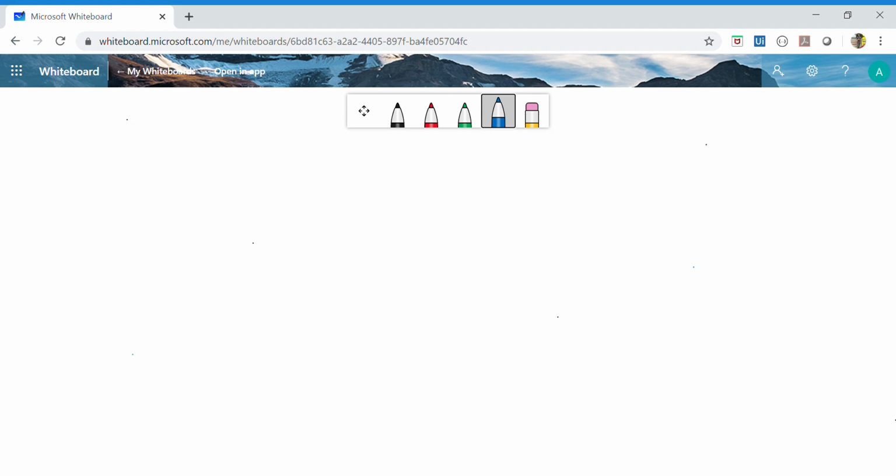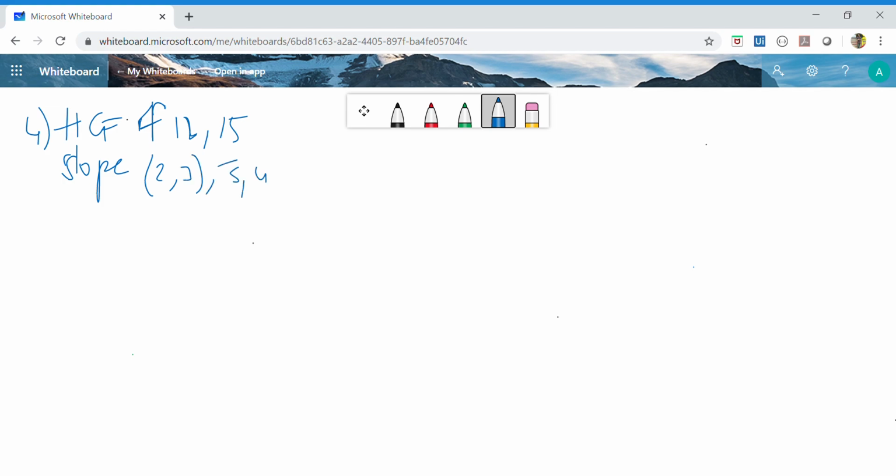Next, fourth question: HCF of 12 and 15 is the slope of the line passing through the points (2, 3) and (5, y).